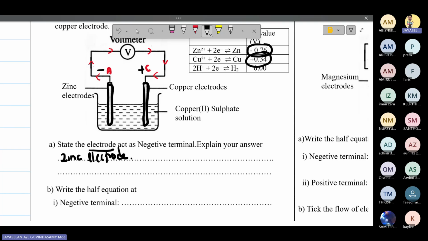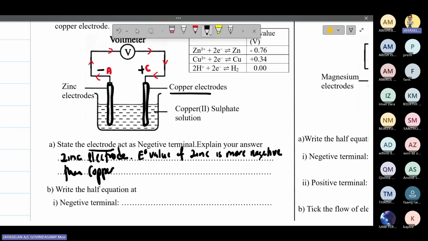Because the E naught value of zinc is more negative than the other electrode, which is copper. I already score 1 mark.